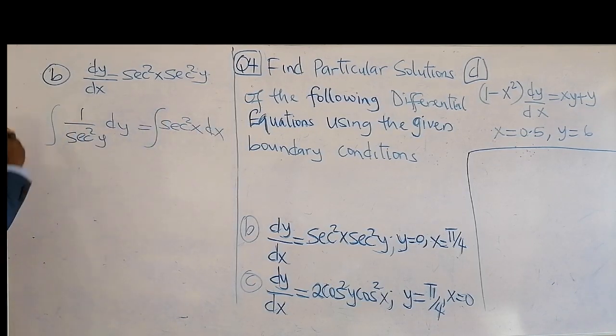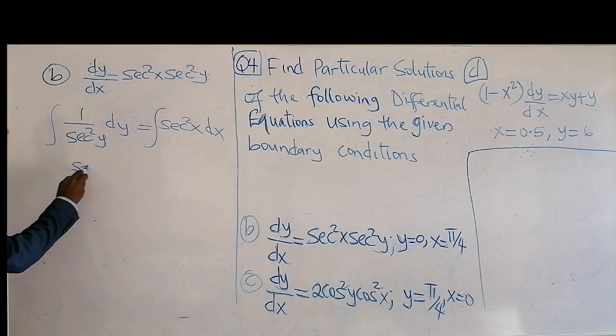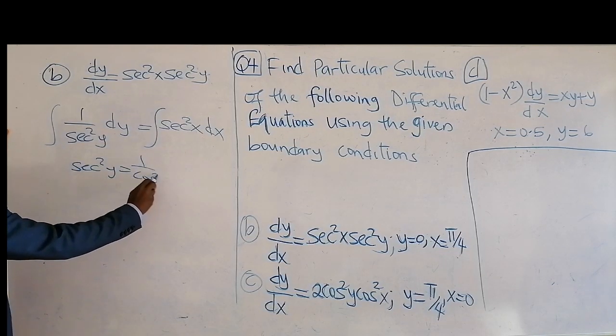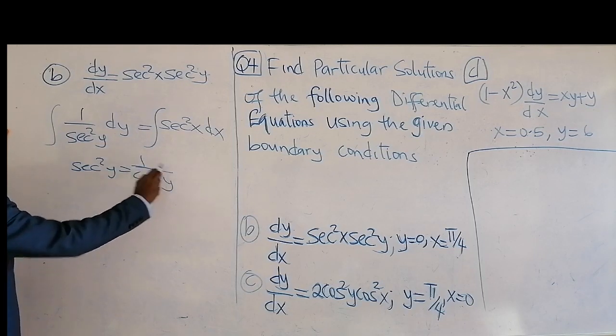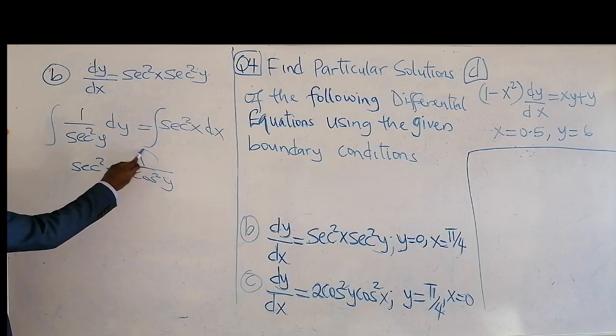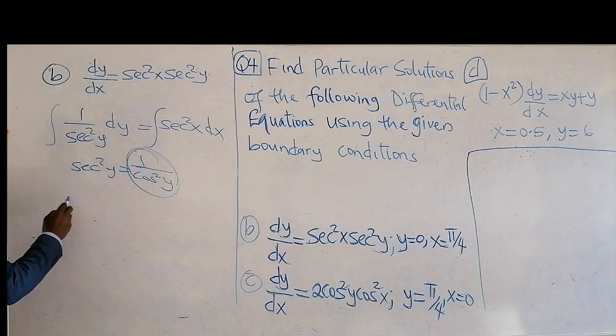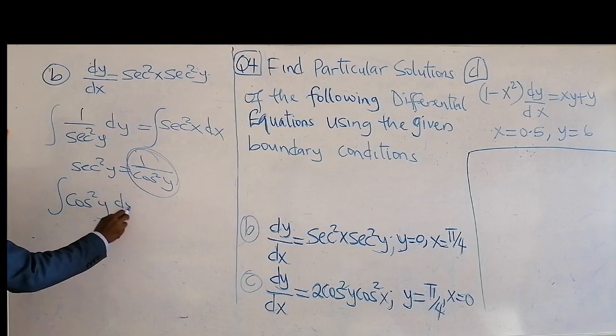Integrate both sides. And don't forget that 1 over sec square y is cos square y. So integrate cos square y dy.